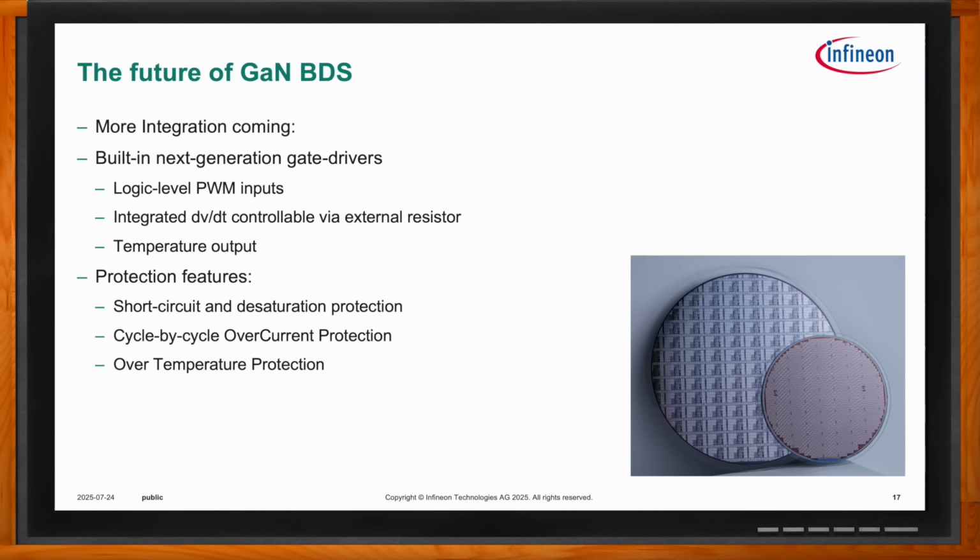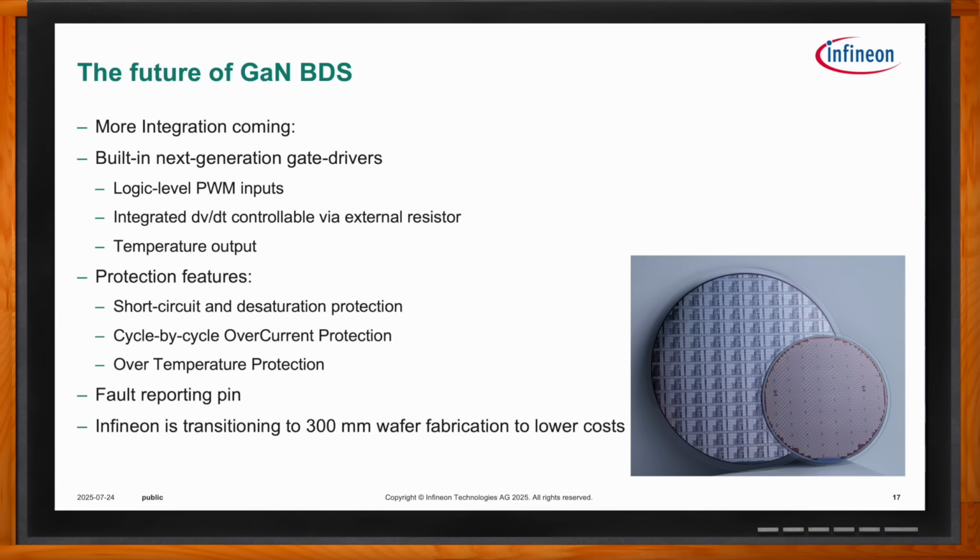It'll just be a built-in OCP that you can then choose to ignore or shut down the system, whatever. As well as over temperature protection. When you reach a critical limit and the temperature output has been ignored, then we can shut down ultimately for safety. And with all of this, there's usually a fault reporting pin of some kind. I don't know the specific details, but I'm sure there'll be more coming as these products are finalized and introduced.